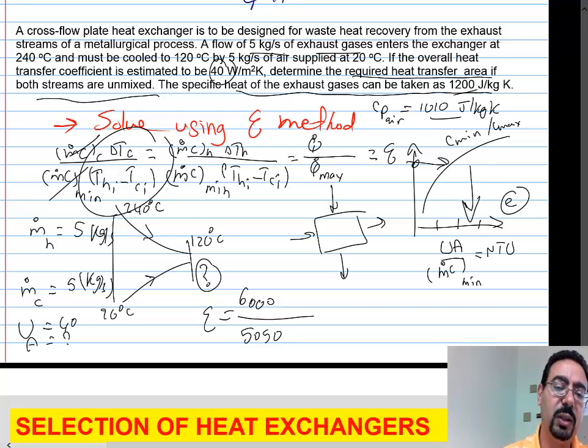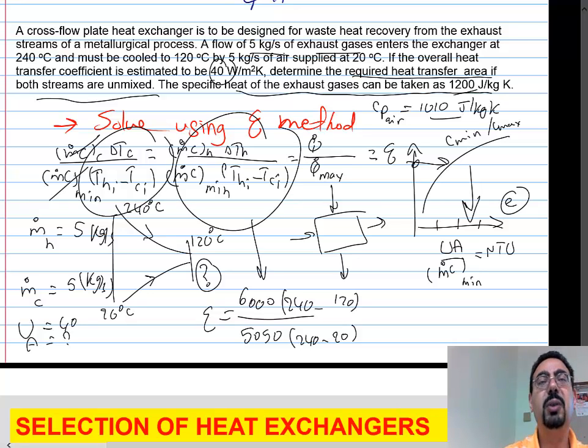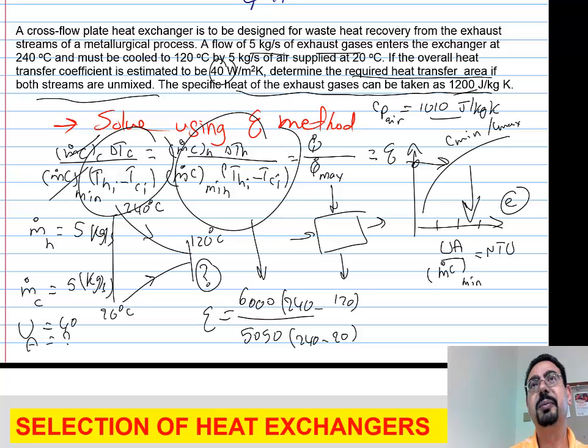So 5 times 1200 and 5 times 1011, and 240 over 240 minus 20. Why did I use it on the hot side? Because I didn't want to get the T air out. So this, I guess, is a little bit shorter.